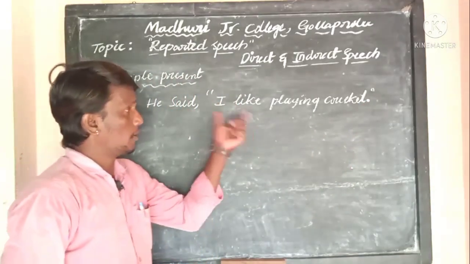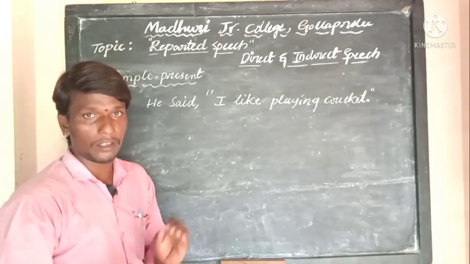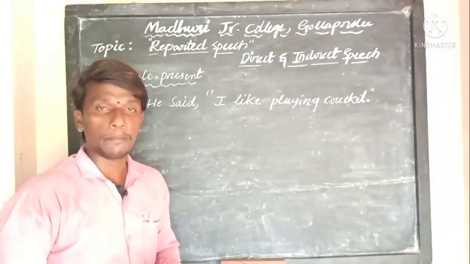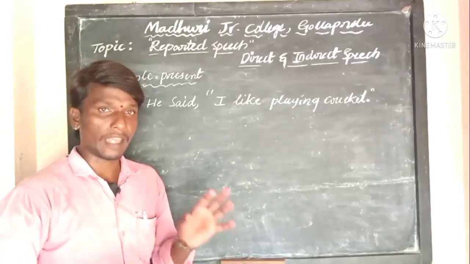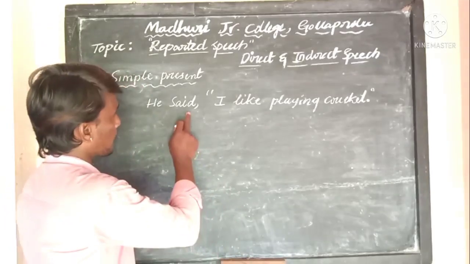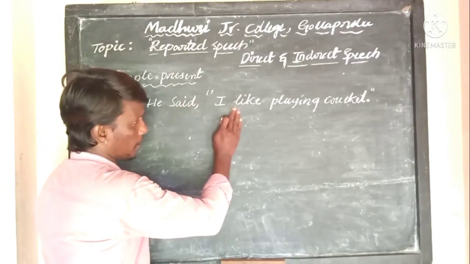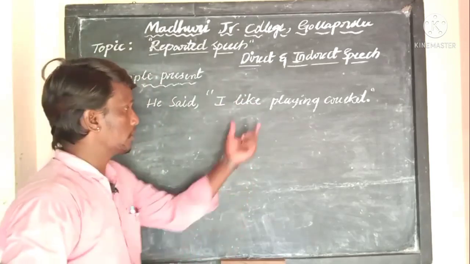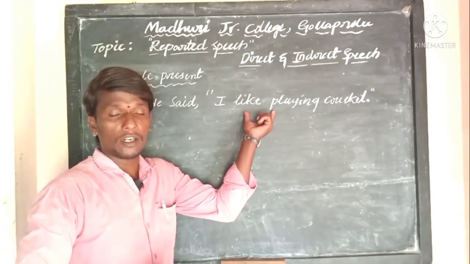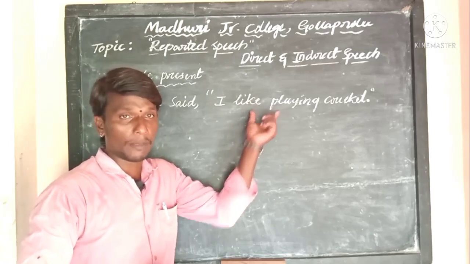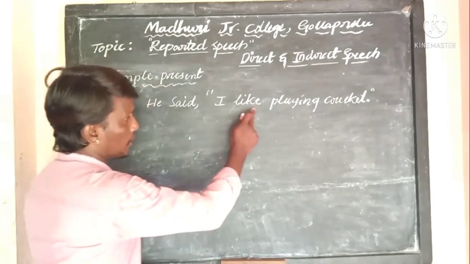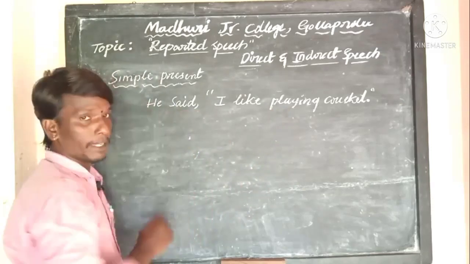Now let us start recalling all the important points, all the features we have already discussed in the previous classes and today's class. First of all, you focus mainly on this part. This part is also known as the reported part, and also the actual words of the speaker, because these words are spoken by the speaker.